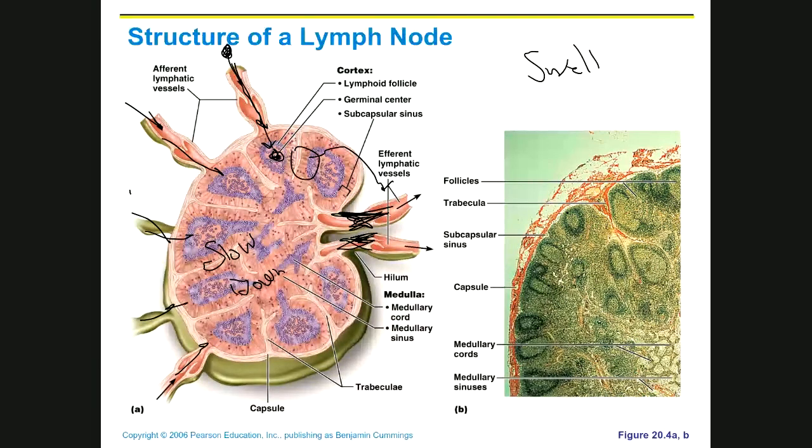So if you go to the doctor when you're sick, one of the things they do is check your lymph nodes. They press in your neck and your armpits and places like that, and they're checking for swollen lymph nodes.